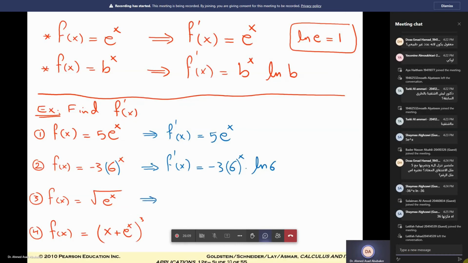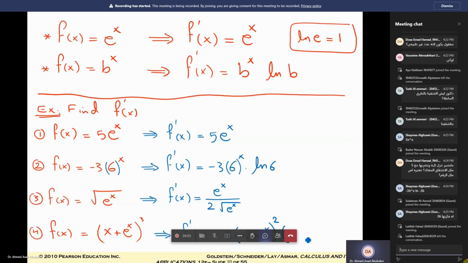Now, if we have a radical, the derivative inside the radical, e to the power x, over 2 multiplied by the same radical, e to the power x. It is no problem, Shaima, it was my mistake, I should put brackets or a multiplication sign. In this form it is clearer. For the fourth, f prime equals 3 multiplied by the same brackets with the new power 2. Now we need the derivative inside the brackets. What is the derivative of x?